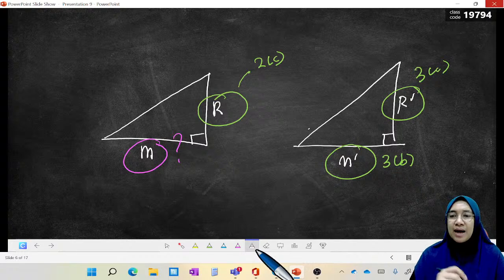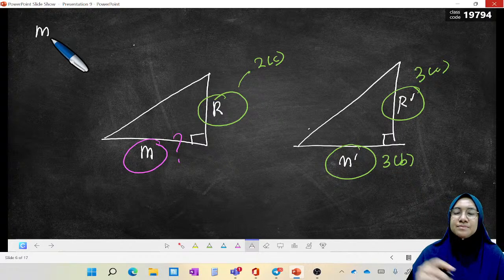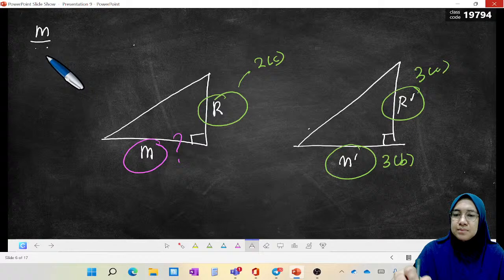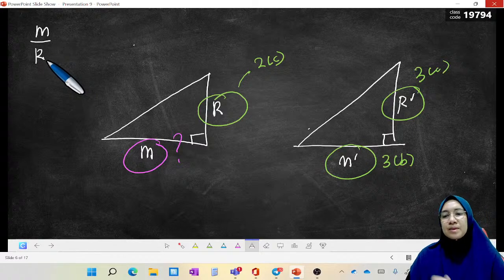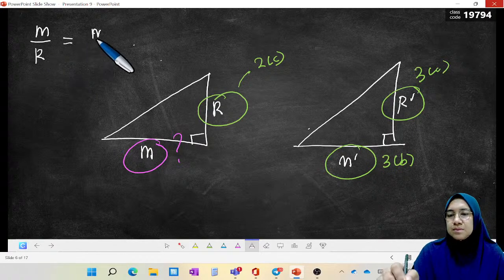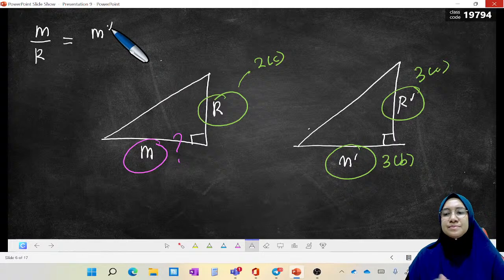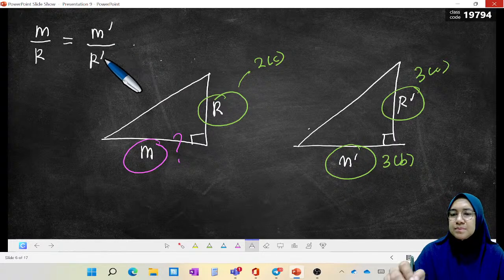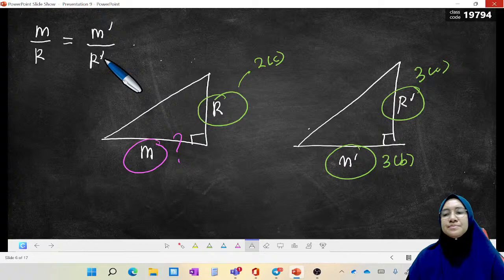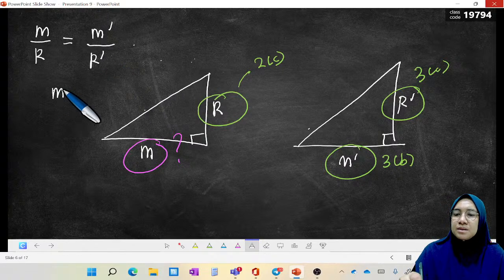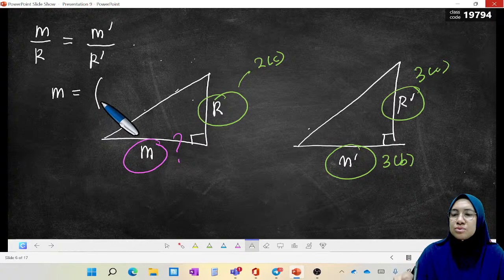We can write it like this: M over R equals M prime over R prime. So we rearrange it.